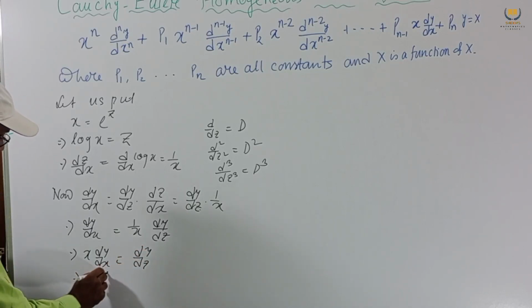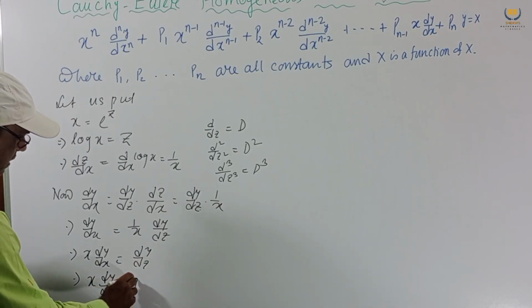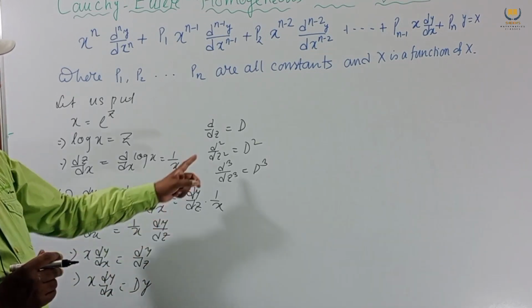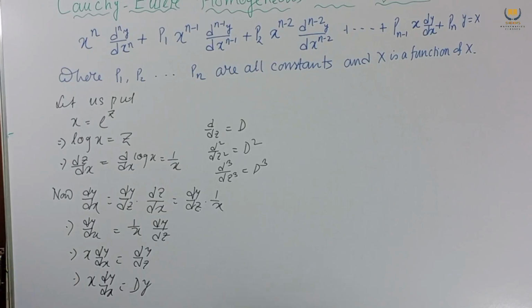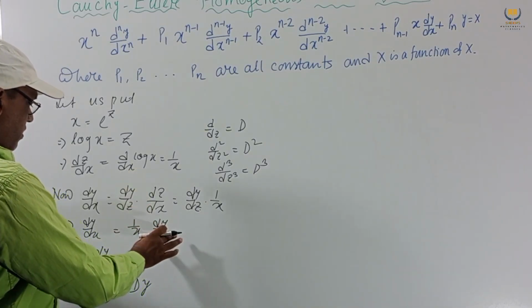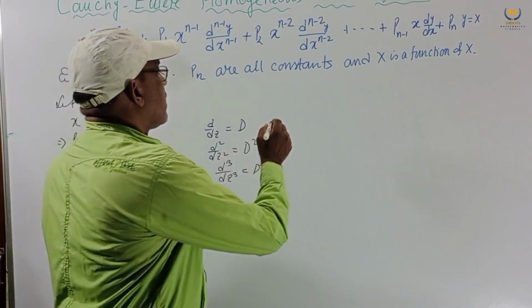So we can write x dy/dx equal to Dy. So we get this one. Now we find the second-order derivative.